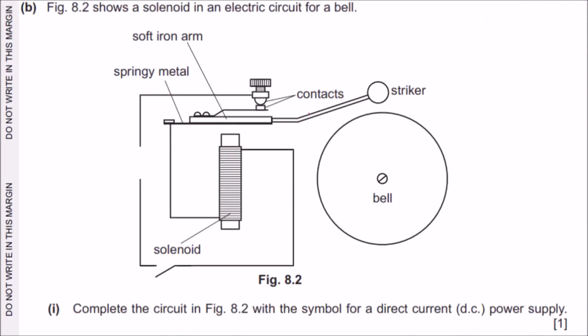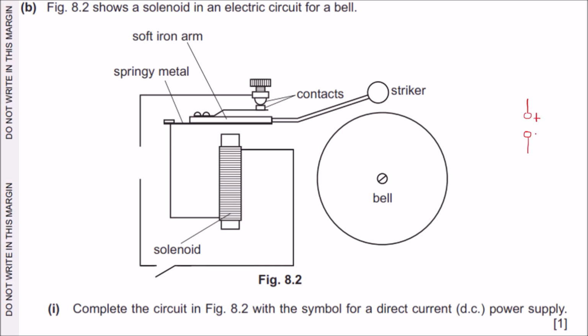Part B says, Fig 8.2 shows a solenoid in an electric circuit for a bell. B item 1, complete the circuit in Fig 8.2 with a symbol for a direct current power supply. Now, in your syllabus, you are given a chart with circuit symbols that are expected to be known by you.